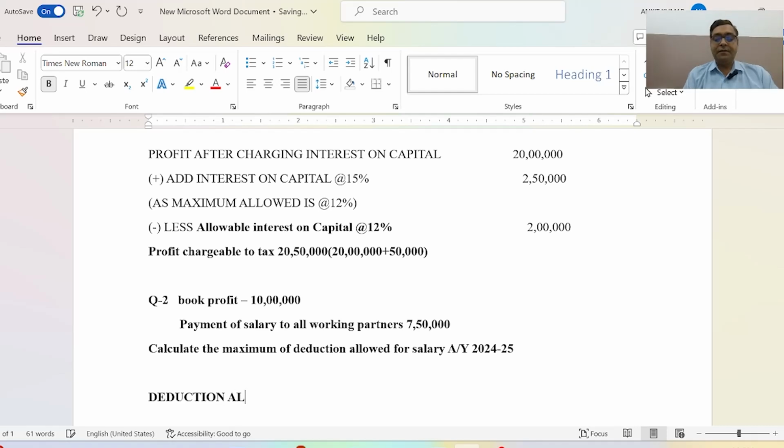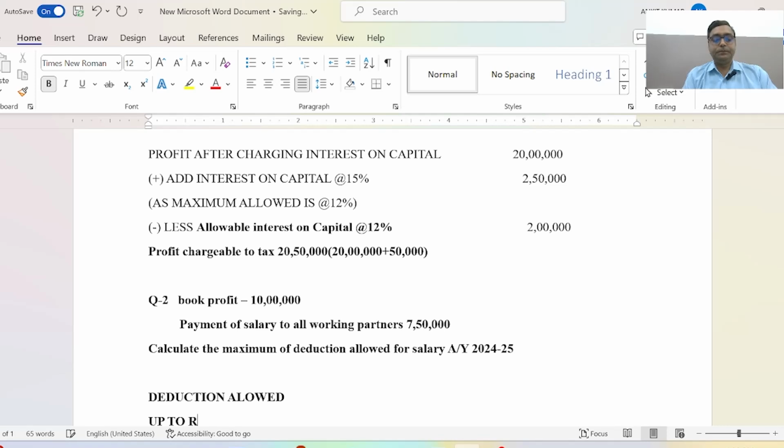Deduction is allowed as per the information in this question, as we have already discussed.